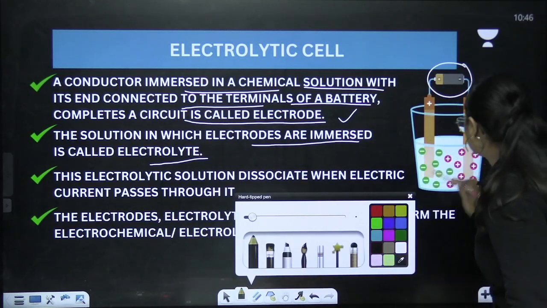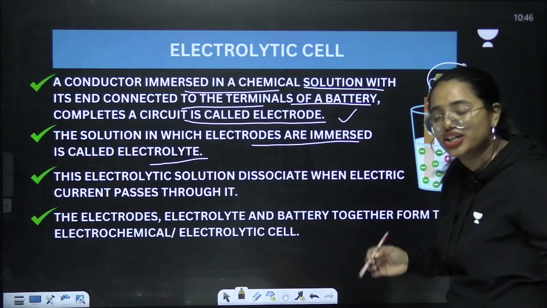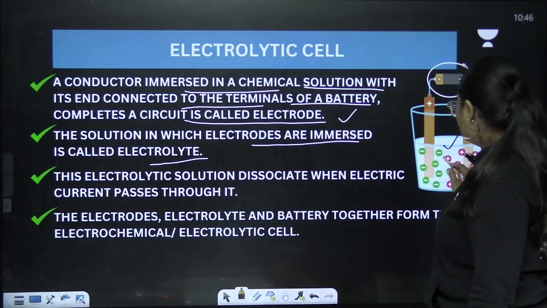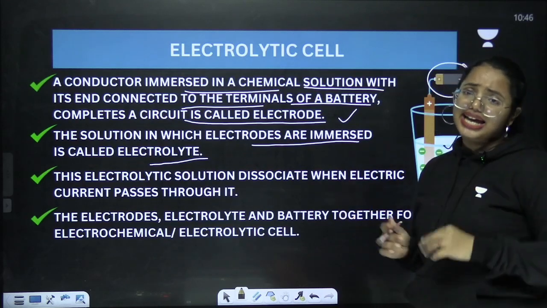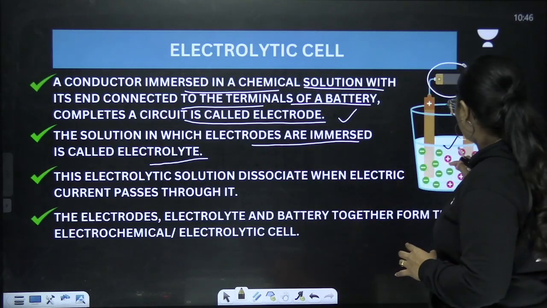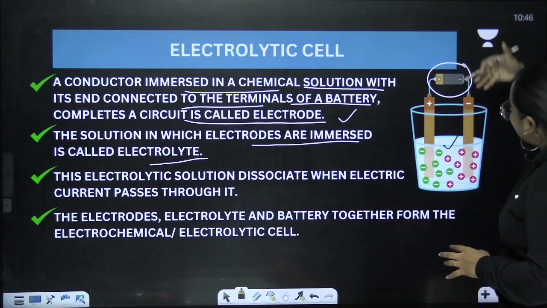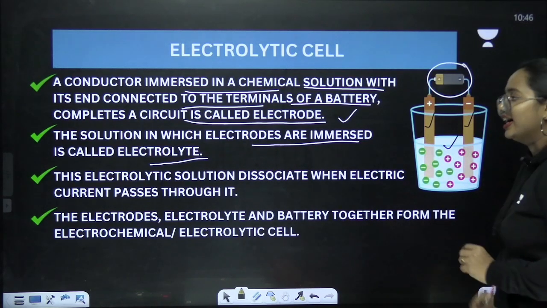Okay, let me change the color. So this is the electrolyte or conducting solution. This solution has the power to undergo a chemical reaction when electric current passes through it. So here we have a conducting solution in which two electrodes are immersed. Clear?